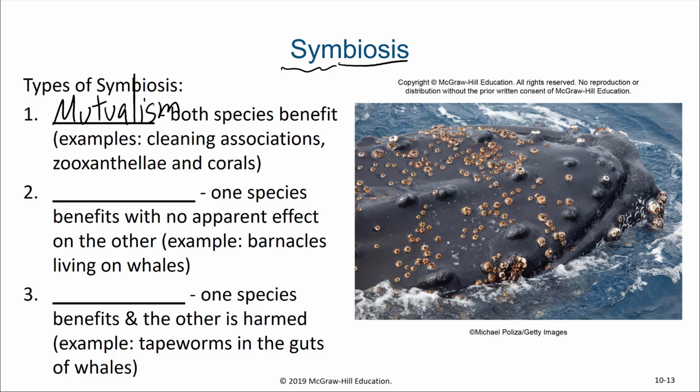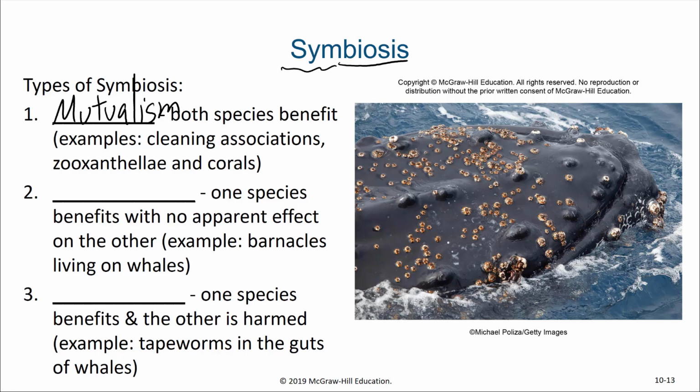Examples include cleaning associations on coral reefs, or zooxanthellae living within coral polyps themselves. Symbiosis doesn't always have to be endosymbiosis, but endosymbiosis, or organisms living within the bodies of other organisms, can happen.